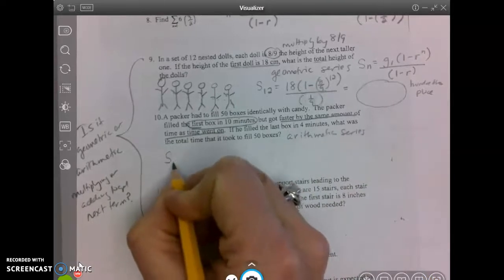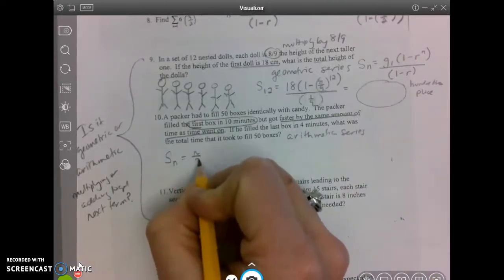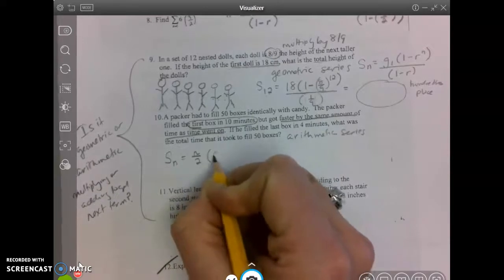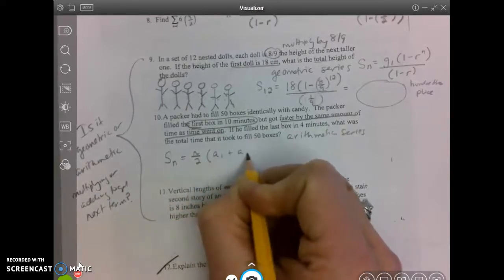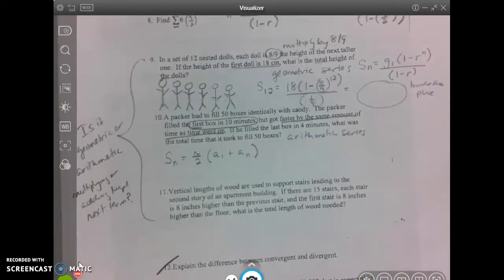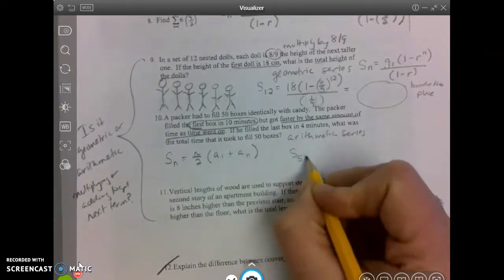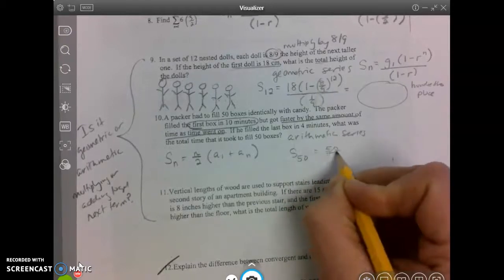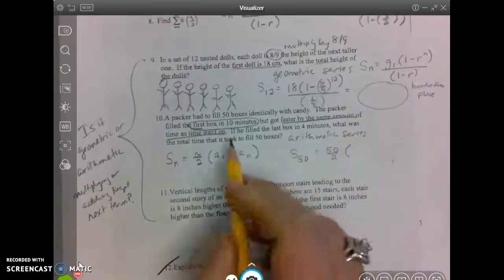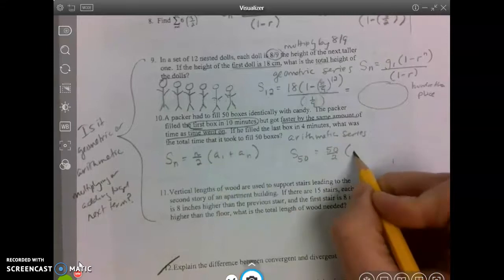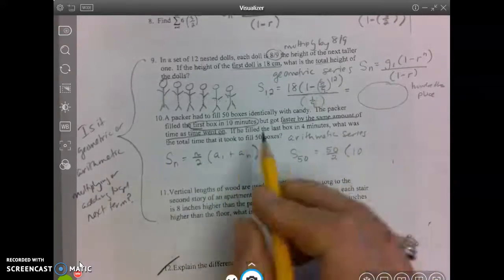So S sub n equals n divided by 2, the first term plus the last term. Well, I've got 50 boxes to fill, so that's 50 divided by 2. I know that I can fill the first box in 10 minutes.